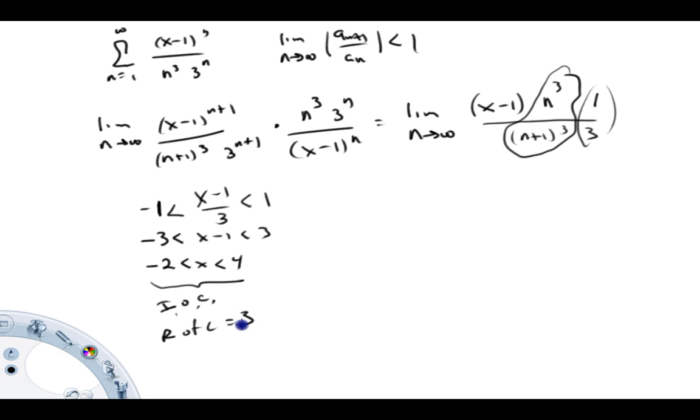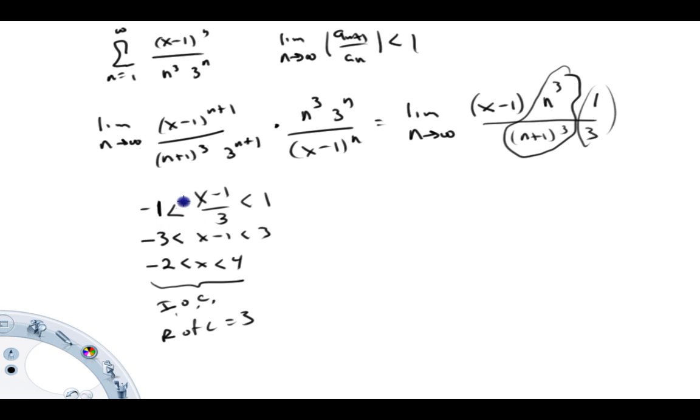Now, when you apply the ratio test, it's important to note that it is inconclusive at the endpoints. So the minus 1 and the 1 are inconclusive. That's why this is strictly less than, strictly less than. So we have to take a look at the equality part now.